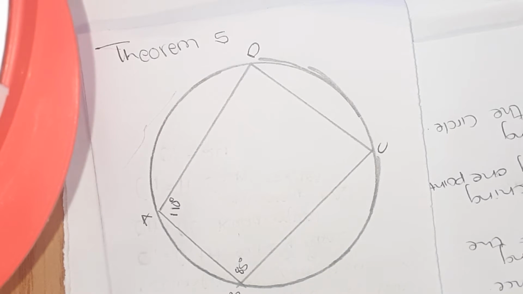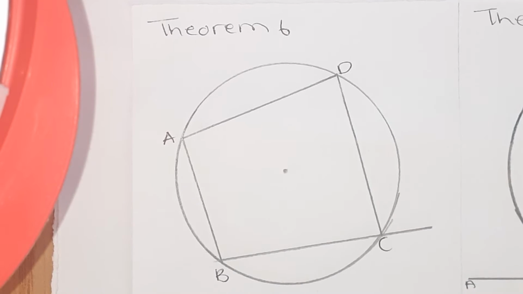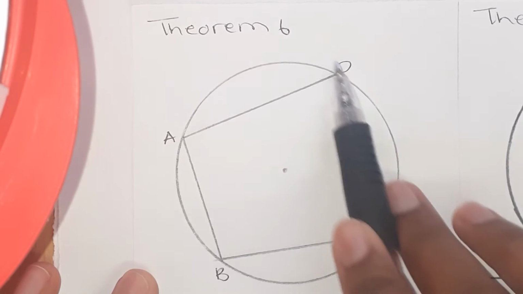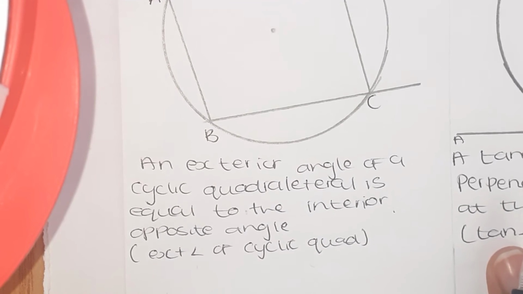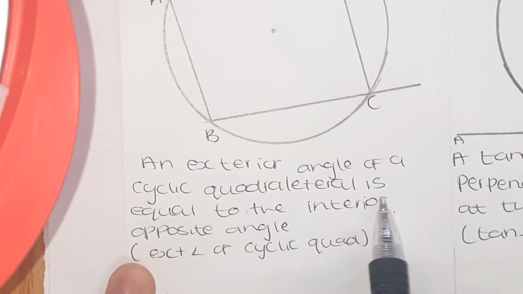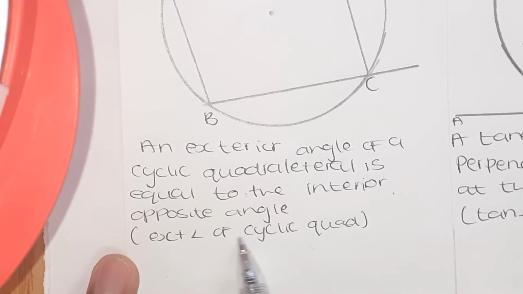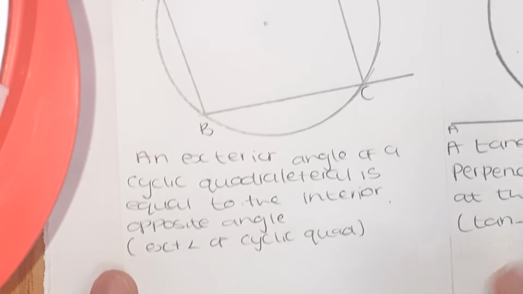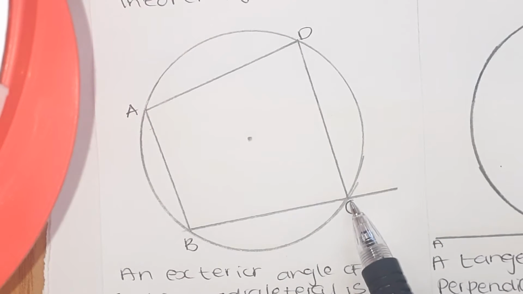Now let's go to theorem number 6, right? So theorem number 6 is a cyclic quadrilateral. It's a quadrilateral that has an extension there. So what we say is that an exterior angle of a cyclic quadrilateral is equal to the interior opposite angle. What that means is that A equals this, right?